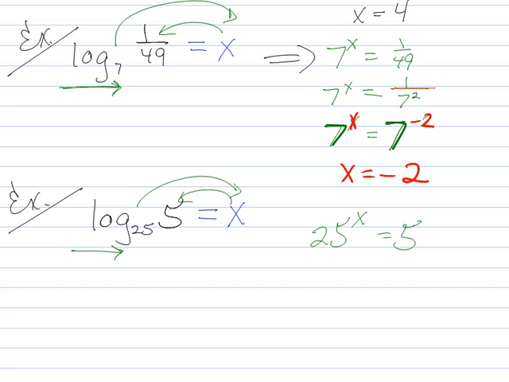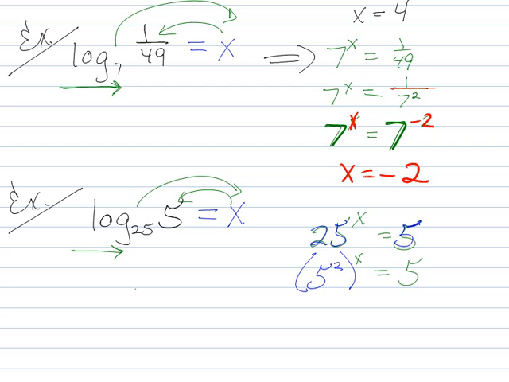But I always know that if I don't know what to do, I'm going to try to get everything into the same base. So I've got something that's in base 5. So I can turn a 25 into a 5, right? Because 25 is 5 squared. So I'm going to replace 25 with 5 squared.